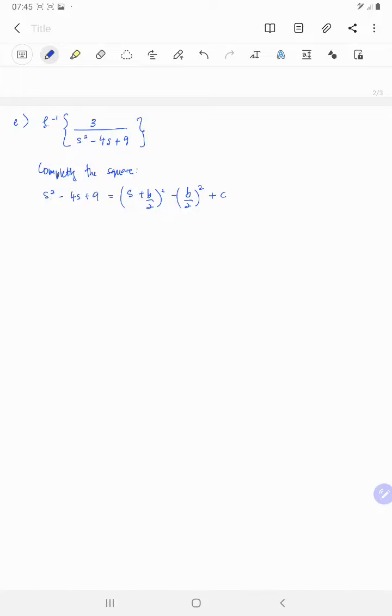But make sure to apply completing the square, the coefficient of s squared must be 1. Then you will apply this formula. If not 1, you must factorize first, so that the coefficient of s squared is 1 only. Then we will apply this formula.